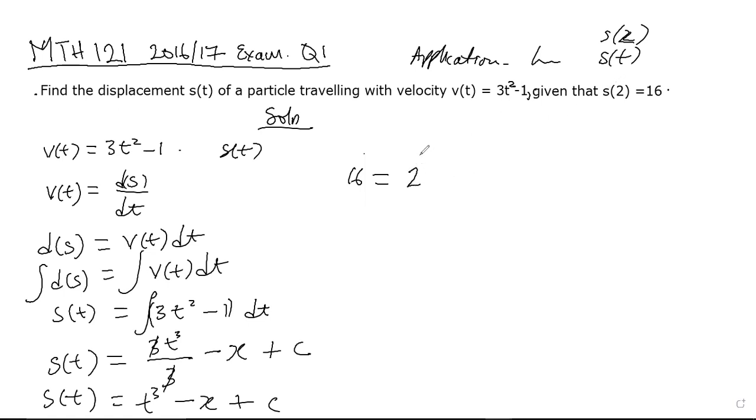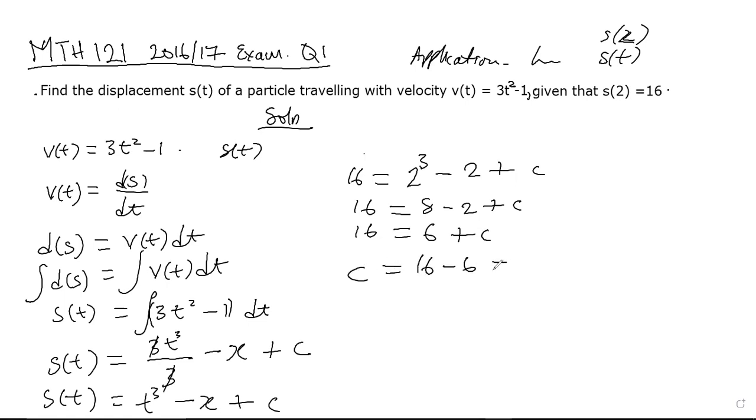That will be 2 raised to the power of 3 minus 2 plus c. So 16 equals 8 minus 2 plus c, that's 16 equals 6 plus c. Then you make c the subject of the formula: 16 minus 6 equals 10. So we are finding our constant.